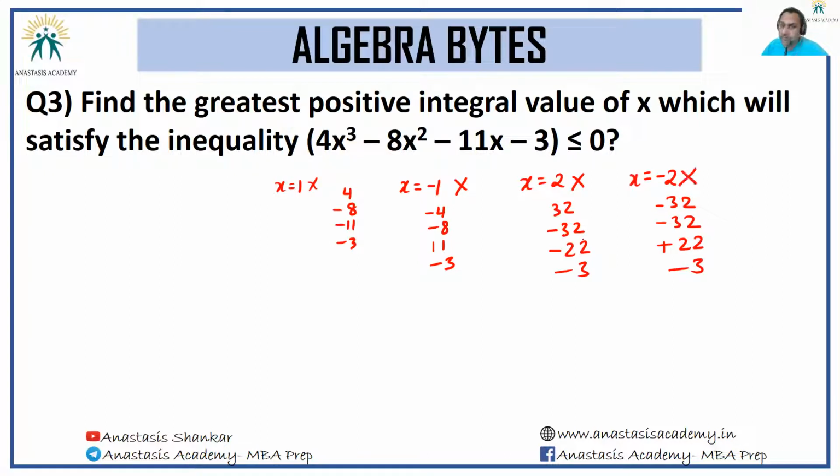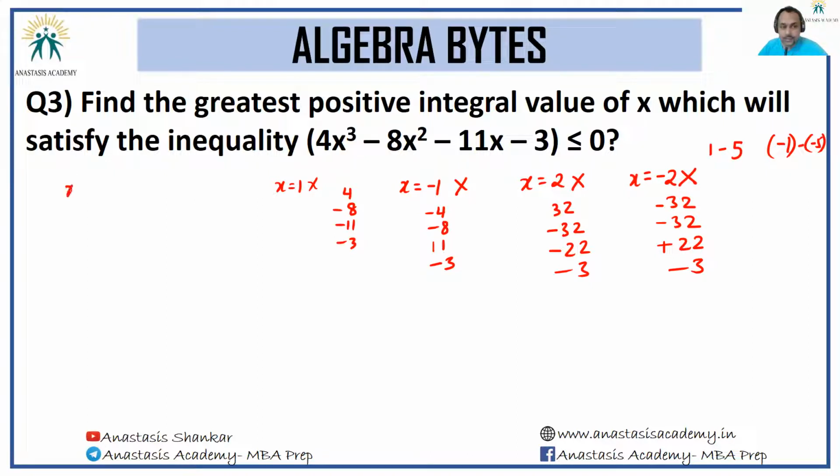No, this also doesn't work. Hopefully you can see the process here is nothing but plugging in values and checking. And you should be patient enough to check from 1 to 5 and minus 1 to minus 5. You should be patient enough to check these many values every time. So you've done x equal to 1, minus 1, 2, minus 2.